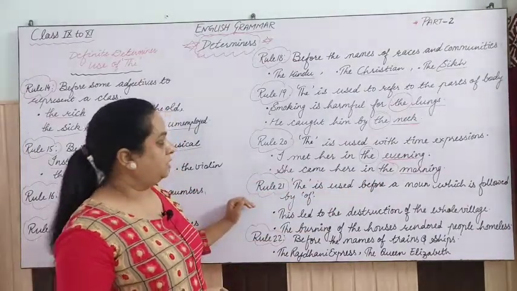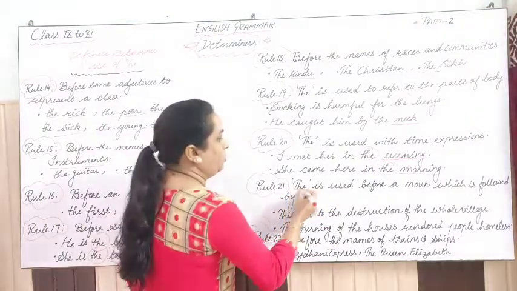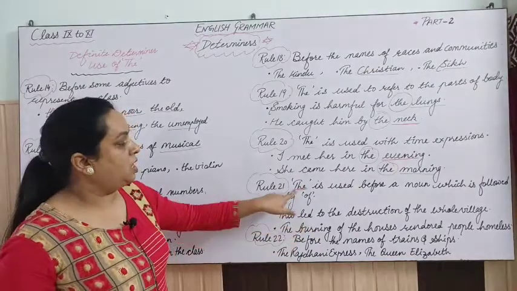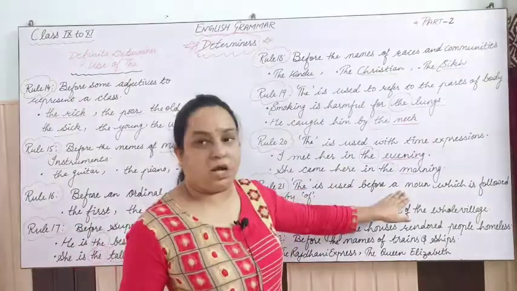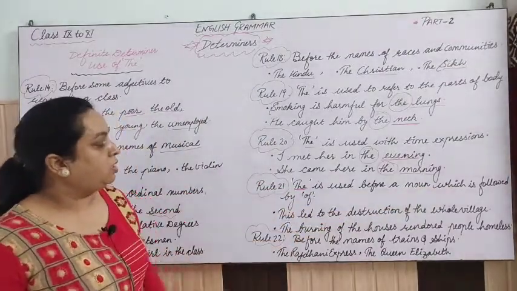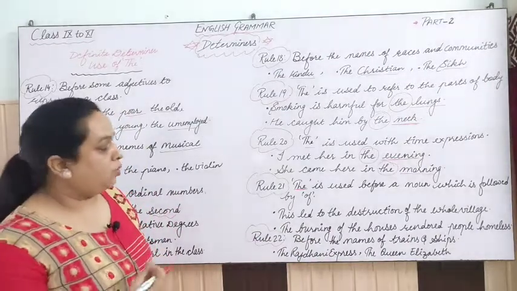Rule number 21 says the is used before a noun which is followed by of. Listen to this carefully. The is used before a noun which is followed by of. This led to the destruction of the whole village.